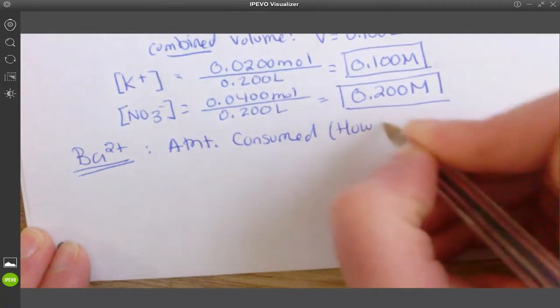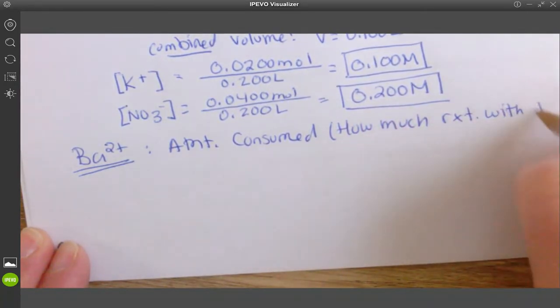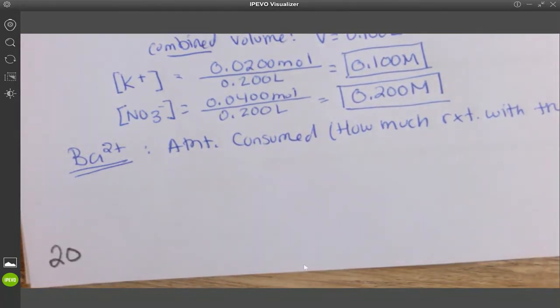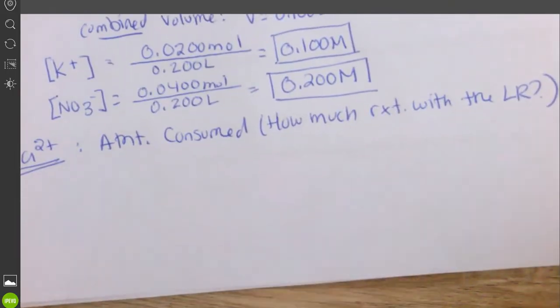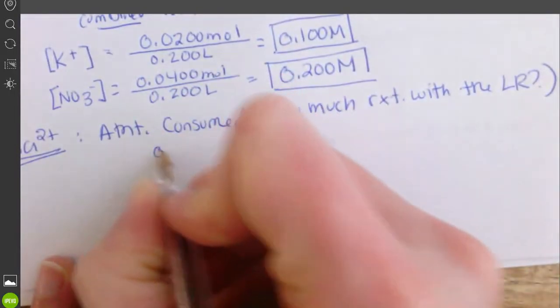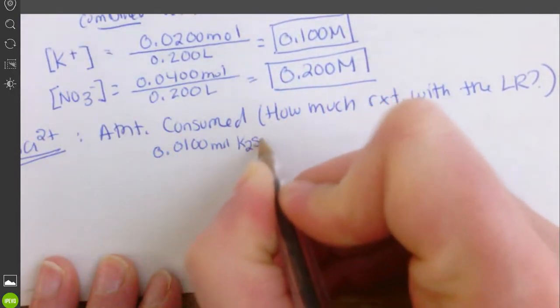How much reacted with the limiting reactant? We know from our work above that we had 0.01 moles of our limiting reactant, so I'm going to start with that. I have 0.0100 mole of my K2SO4.